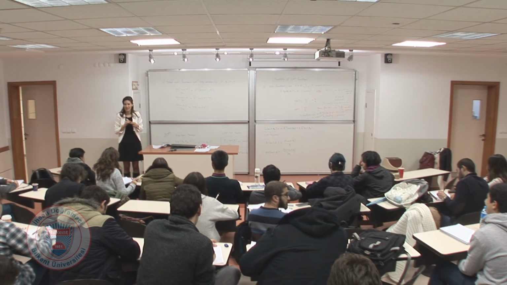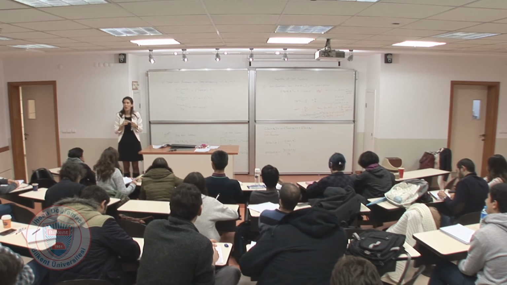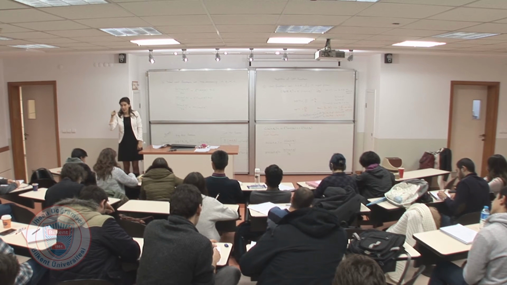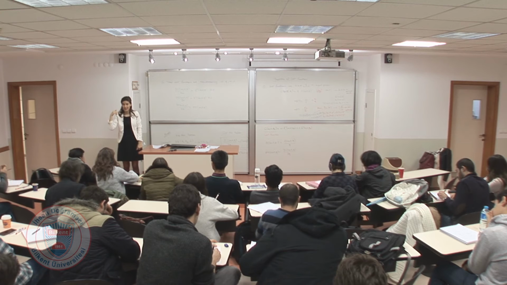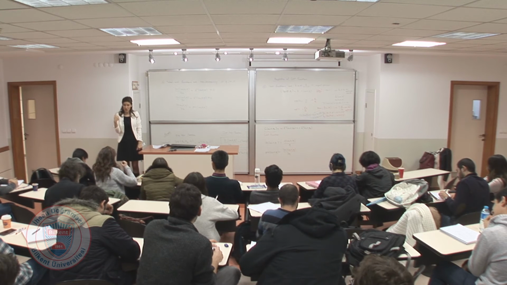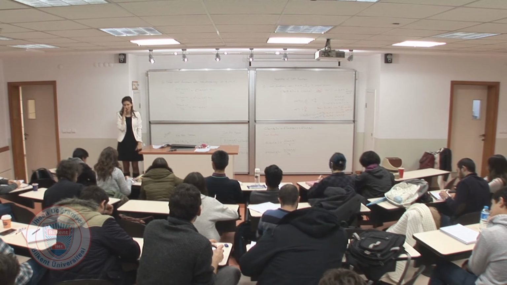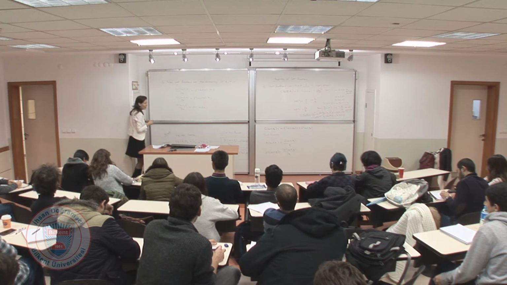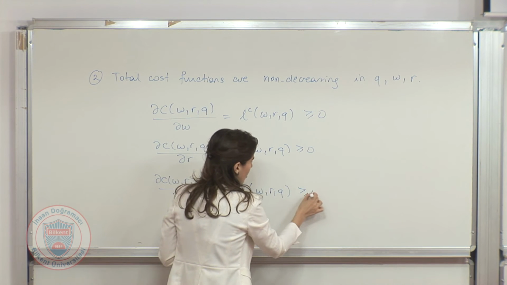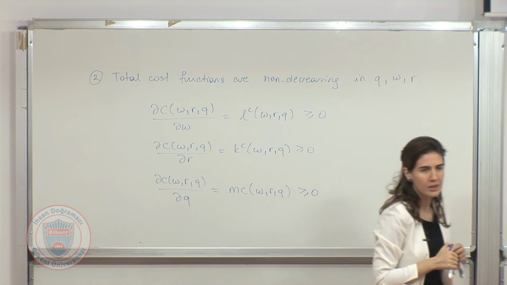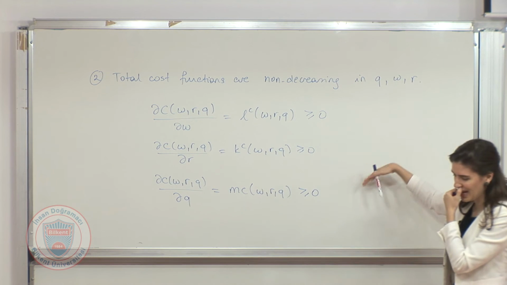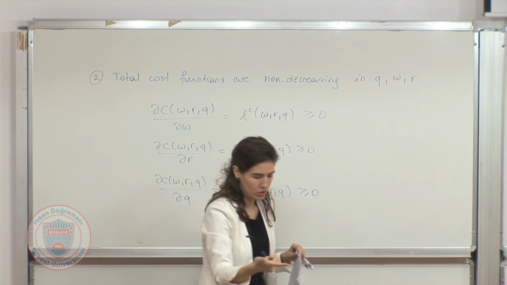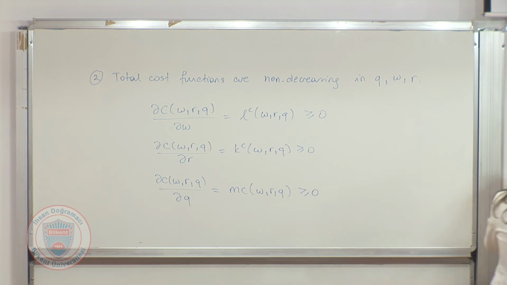Does it make any sense? Remember, always go back to the definition. It means that I produce another unit and it doesn't bring me additional cost, but even decreases my cost. That would be very good, but unfortunately that doesn't happen. So marginal cost is also positive. That's how we say that the cost function is non-decreasing in wage, Q, and R.